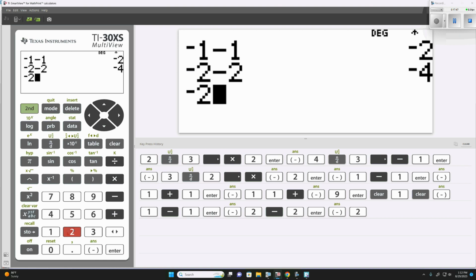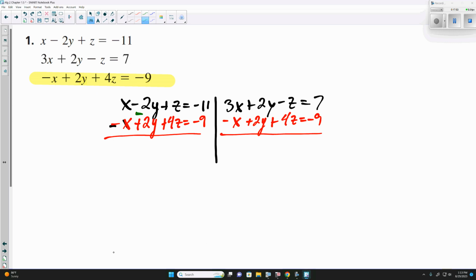So if we do negative 2 plus 2, if the signs are different, we add. If the signs are the same, we subtract. If the signs are opposite, we add. So we have negative and positive. In this case, we're going to add all the way across.